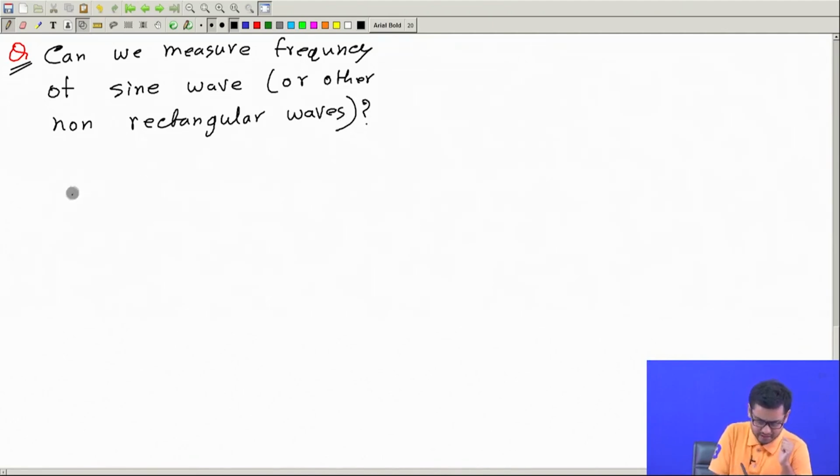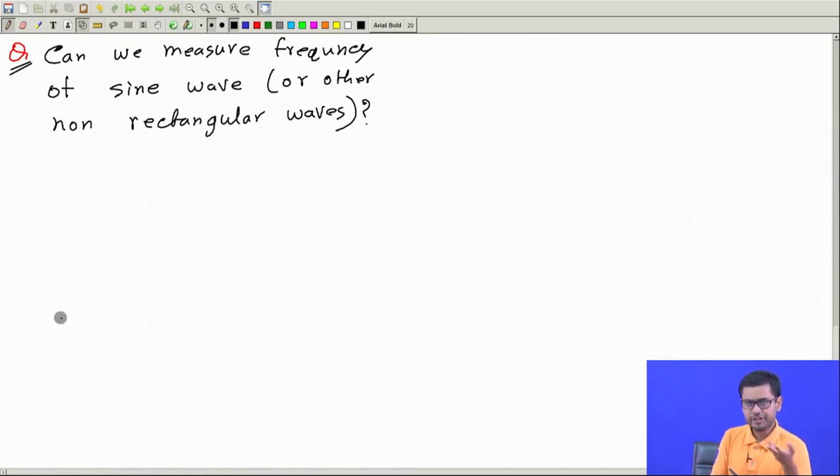So, note that a counter is a digital circuit, a digital electronics element. Therefore, it understands only logic, I mean logical high and low input.